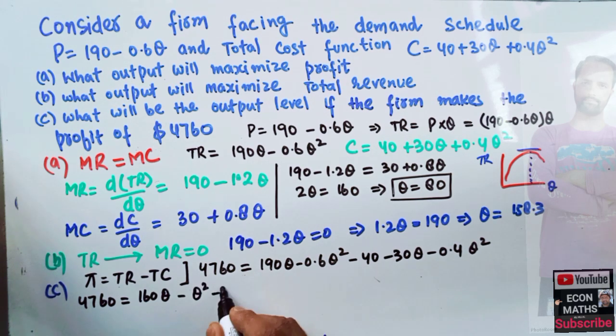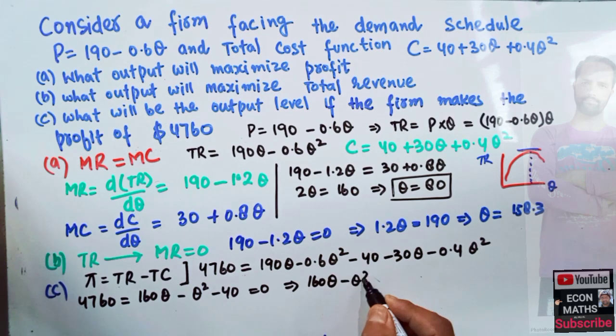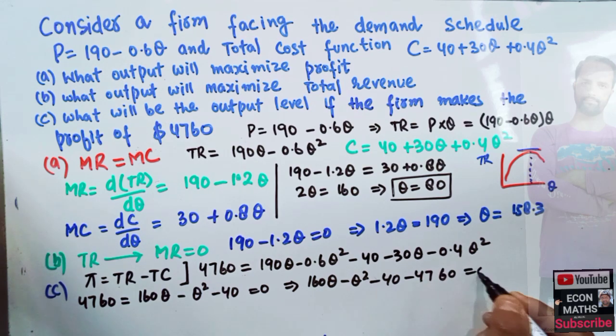Then we have minus 40 and we set it equal to 0. Let's transpose it here. We will get 160q minus q square minus 40 minus 4760 equal to 0.